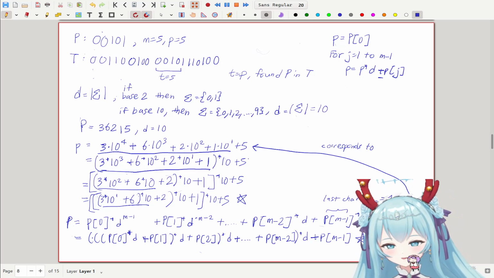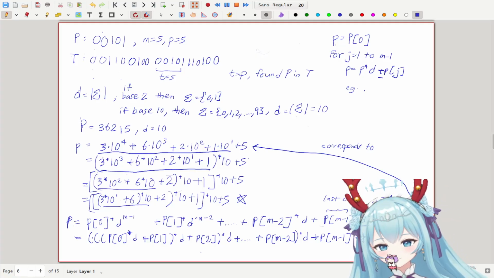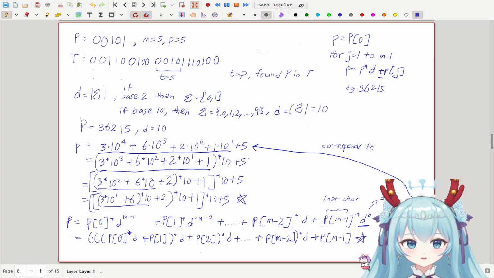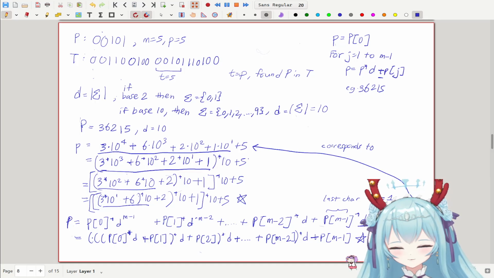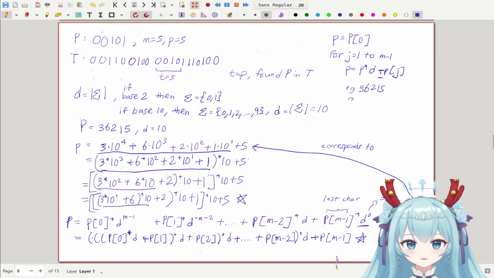And why is that so? Because, for example, remember we had 3, 6, 2, 1, 5. Using this logic, we start off with 3.